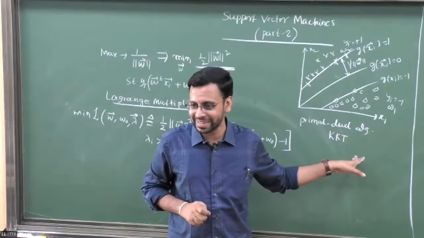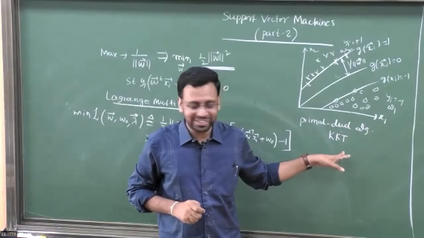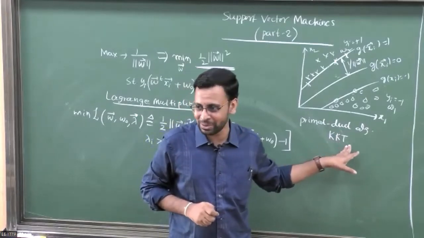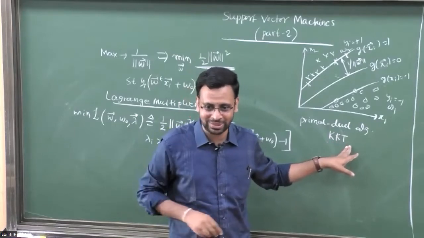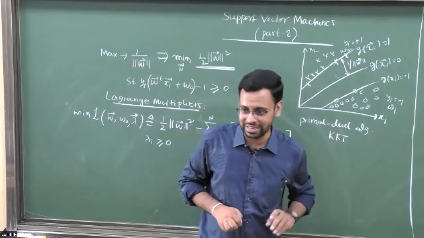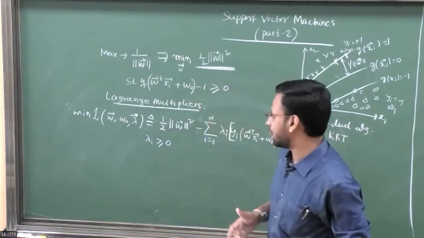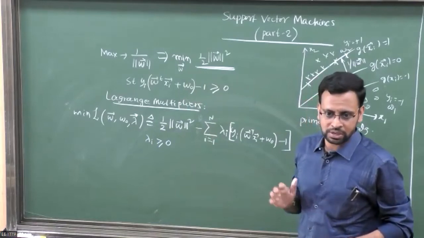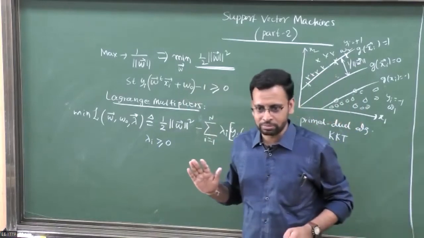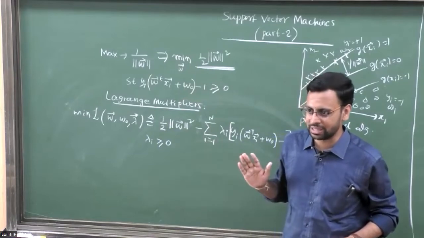There are three scientists' names. I'm afraid of my pronunciation of those names, so I'm skipping that. These are called KKT conditions, which will tell you how to obtain its equivalent dual problem. Intuitively, we will not go into any rigorous math here.